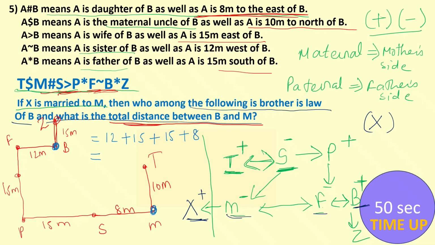So how much you'll get? 38. 38 plus 12 is 50. So you'll get 50 meters. So answer to your question is X and 50 meter. Okay, so this is the problem and the solution to it. So final answer will be X and 50 meter.